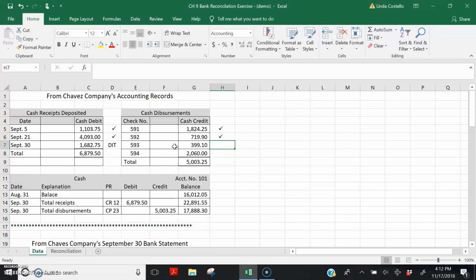However, there is a timing delay and the bank has not shown this check as paid in the month of September. So it is an outstanding check as of September 30th and is a reconciling item to be shown on our bank reconciliation. I'll put OS, initials for outstanding check, next to the amount.